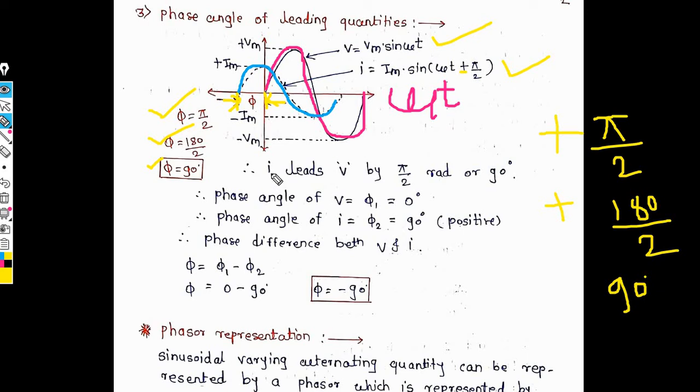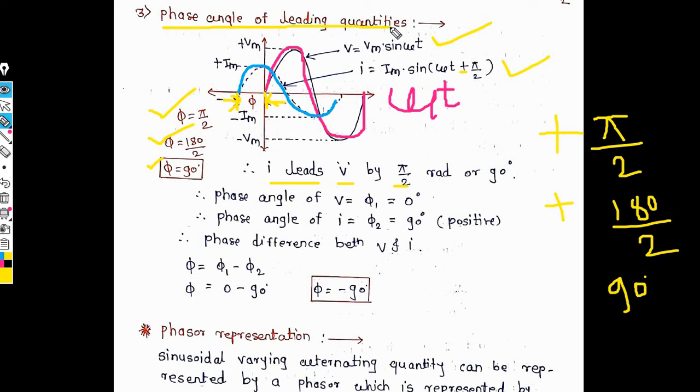That means the current waveform leads the voltage by pi by 2, that is 90 degree or pi by 2 radian. The angle can be measured in degree or radian. This whole concept is called phase angle of a leading quantity.